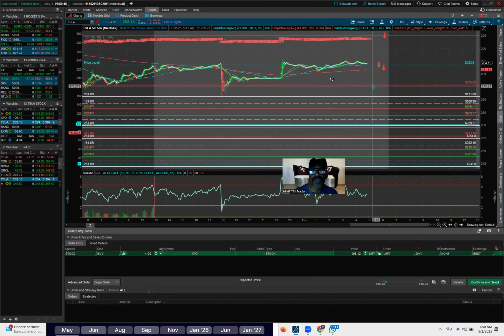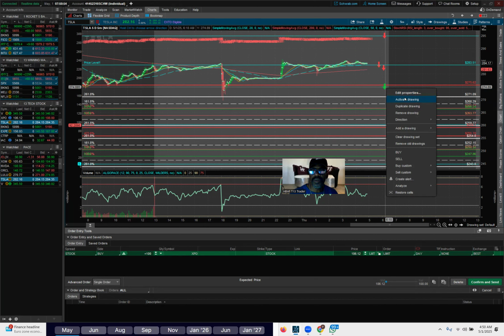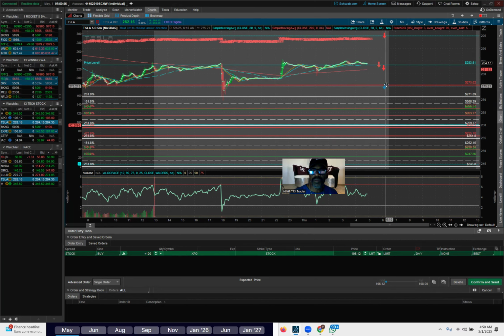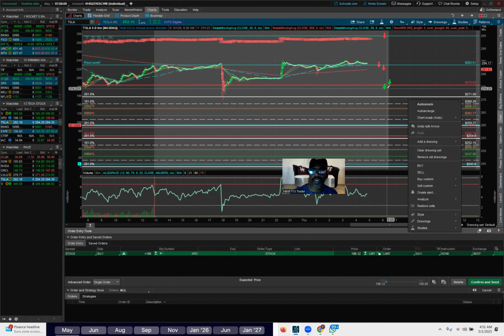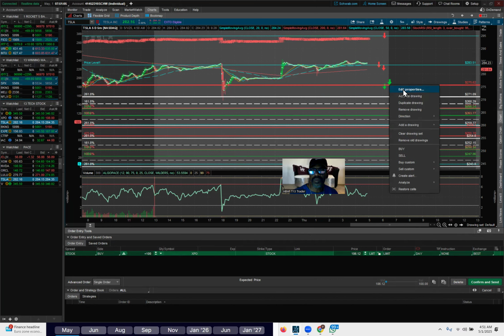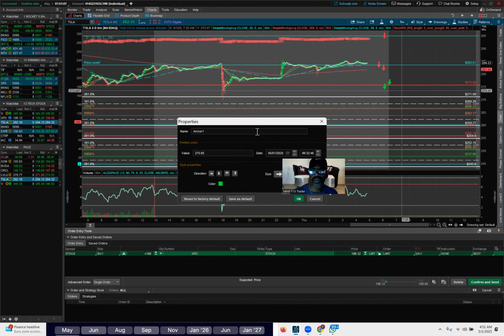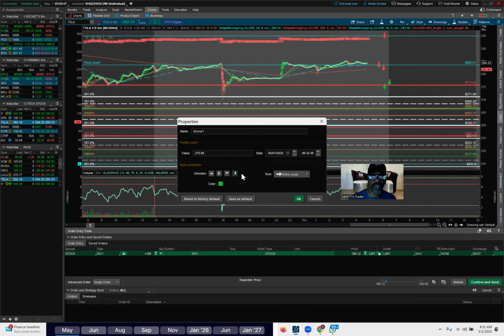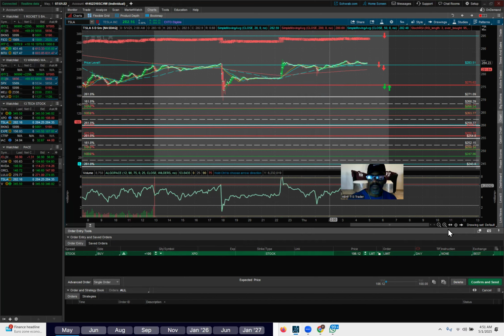Okay. This is another area of support that we want to see if it's going to come off of. I'm trying to change the direction of the arrows.